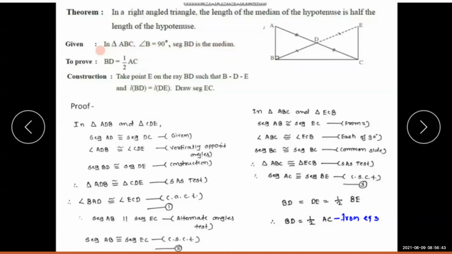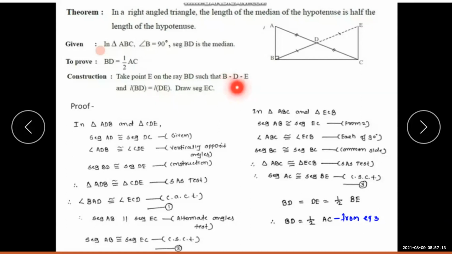Now, see, to prove it, a little construction in the diagram: take a point E on the ray BD such that B-D-E. This means the three points are on one line, those are collinear points.